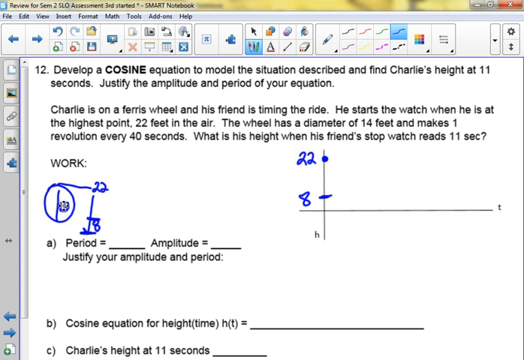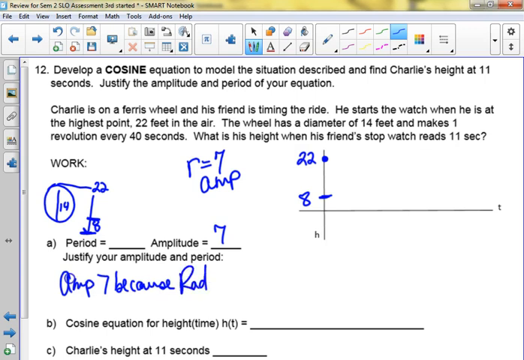And it means if it's 14 feet across, the radius is 7, which is the, anybody remember what amplitude? Okay, right there it's going to say justify. Okay, I'm going to say amplitude of 7 because radius of Ferris wheel is 7. Not taking time to write a complete sentence.